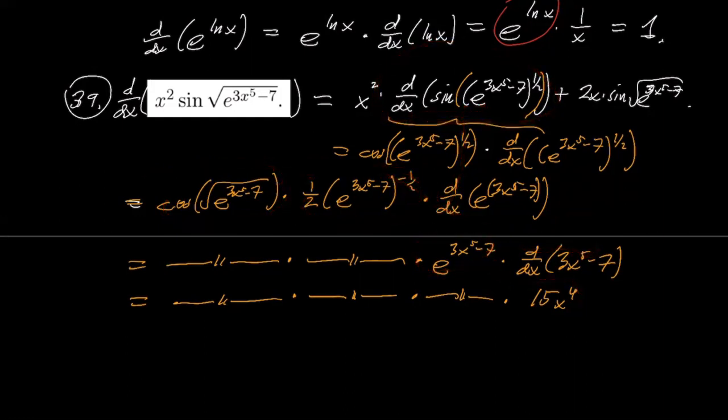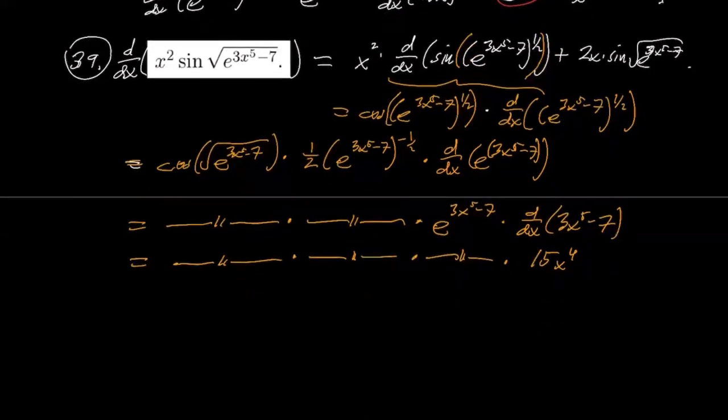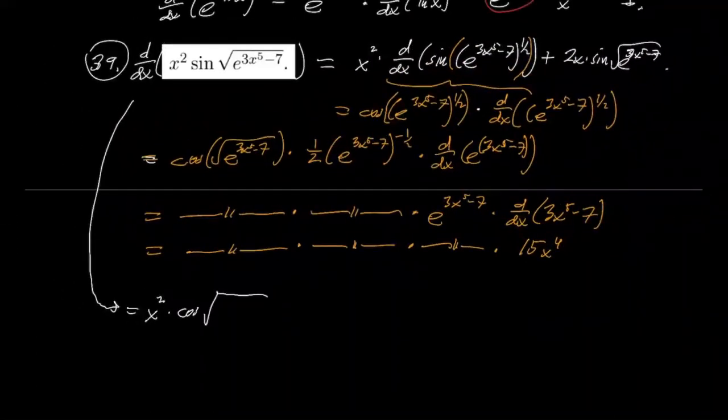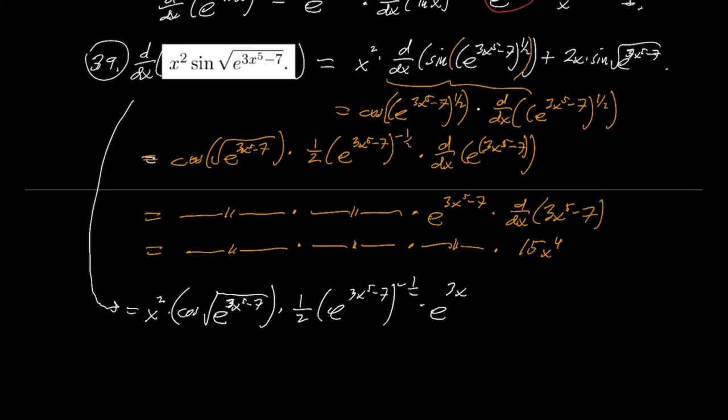So our final answer, if we just copy all, that's going to be ugly. So I think the final answer is x squared times all this orange stuff. So cosine of the square root of e to the 3x to the 5th minus 7 times 1/2 e to the 3x to the 5th minus 7 to the minus 1/2 times e to the 3x to the 5th minus 7.